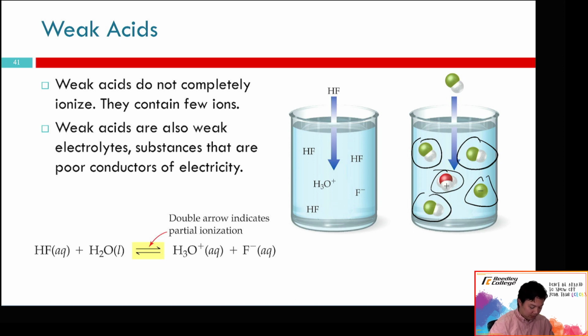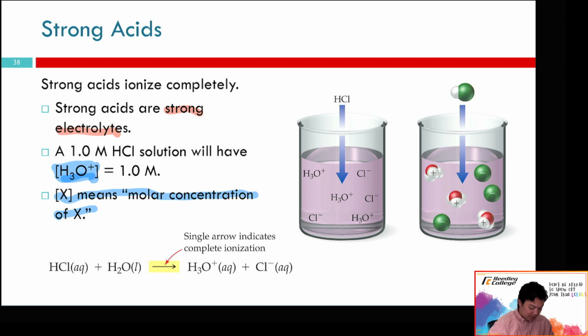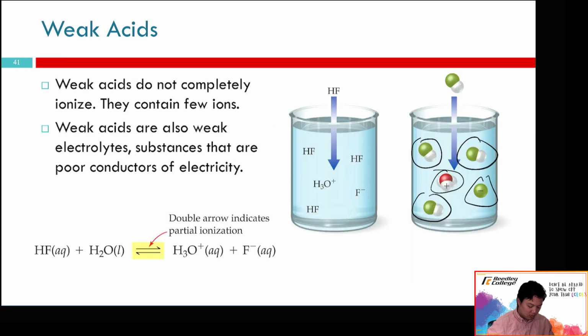Oh, and then I should have made a note of this before. If we have complete ionization, we have a single arrow, because it only goes in the one direction, ionizes completely. If we have a double arrow, what a double arrow actually indicates is an equilibrium.